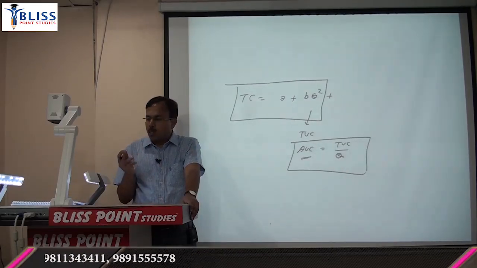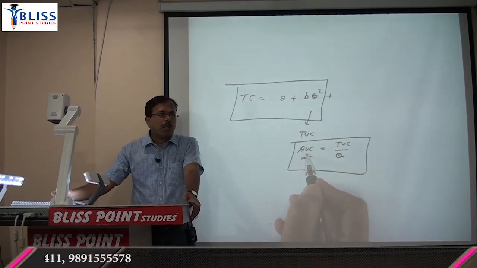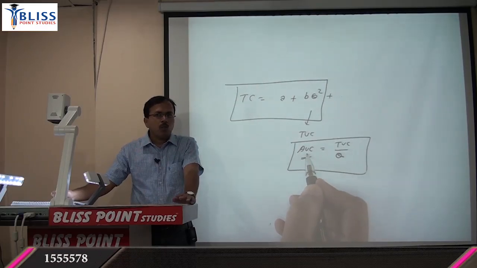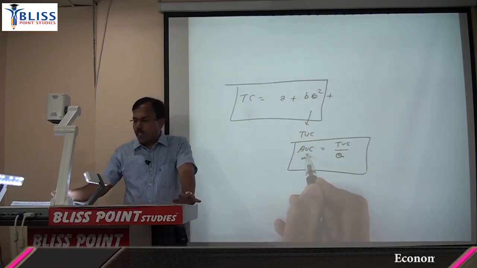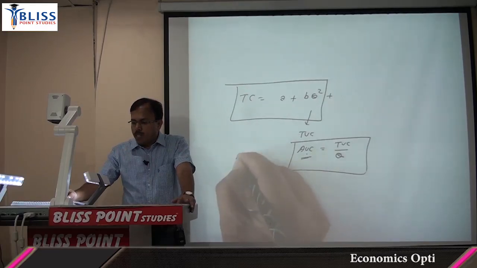And when you substitute that quantity into AVC, you will get the minimum value of AVC. All those topics you will keep for later on, when we will be using it for calculation.